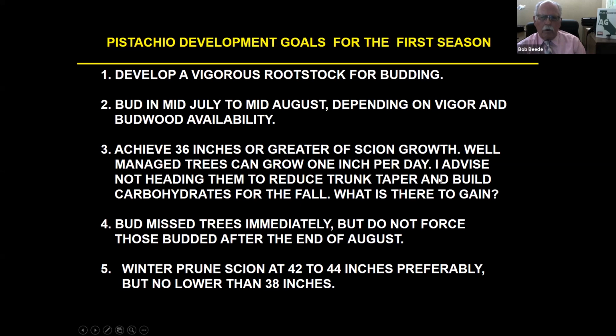So far better off to dormant head the scion in the first winter. Missed buds, or you bud missed trees immediately, but don't force them after the end of August. And then, as I've mentioned, winter prune the scion to 42 to 44 inches in the vase shape system, but no lower than 38 inches.